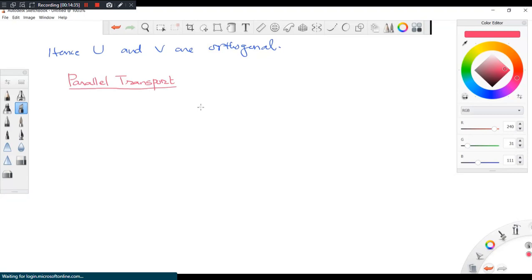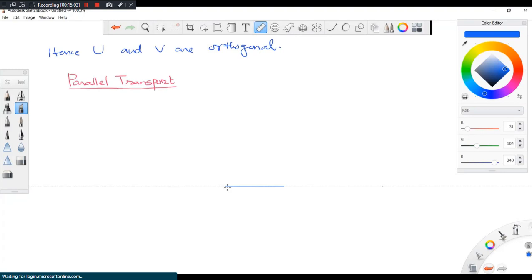Okay. So now parallel transport. What do you mean by a parallel transport? See, for example, suppose I have a straight line. Then suppose I have a vector here, a perpendicular vector.